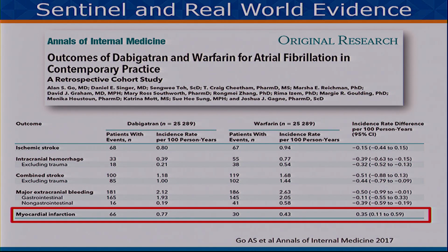And so if you look at here, there's nearly 50,000 patients that were evaluated in the real-world setting, and the number of events were still small, but did suggest a potential difference regarding the risk of MI.